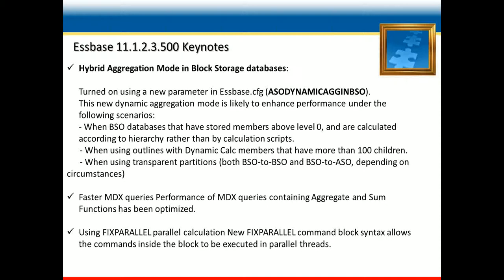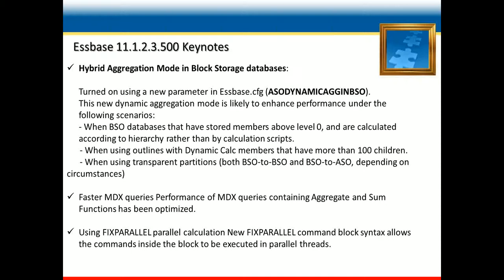To enable this particular feature, the Essbase configuration file, essbase.cfg, needs to be updated with the parameter ASODYNAMICAGGINBSO. This new parameter will enable the feature for Essbase, and once it is updated, the Essbase server needs to be restarted.